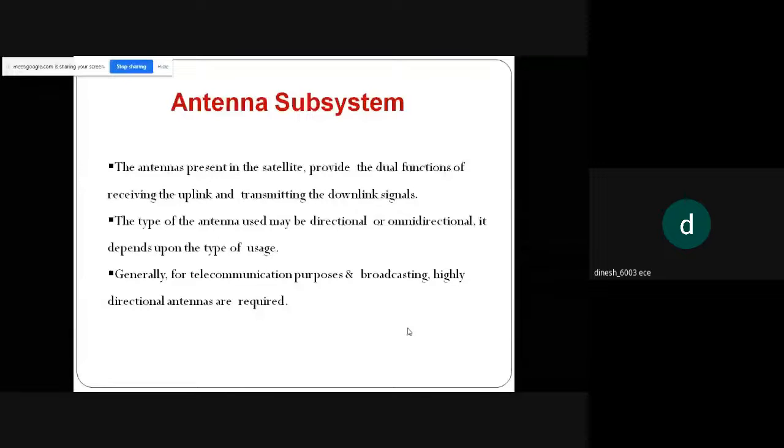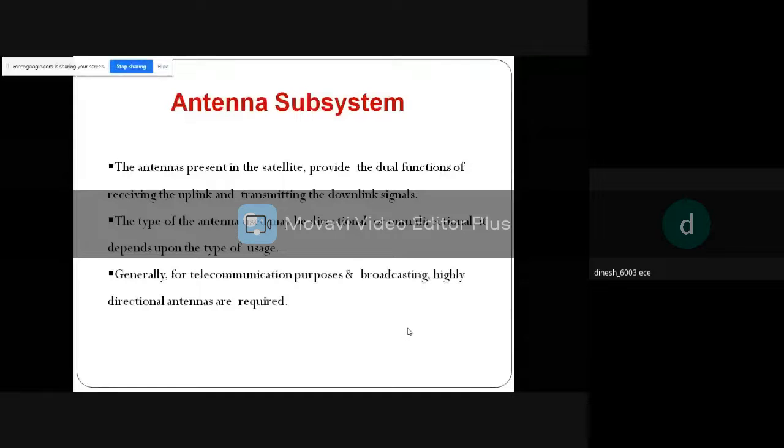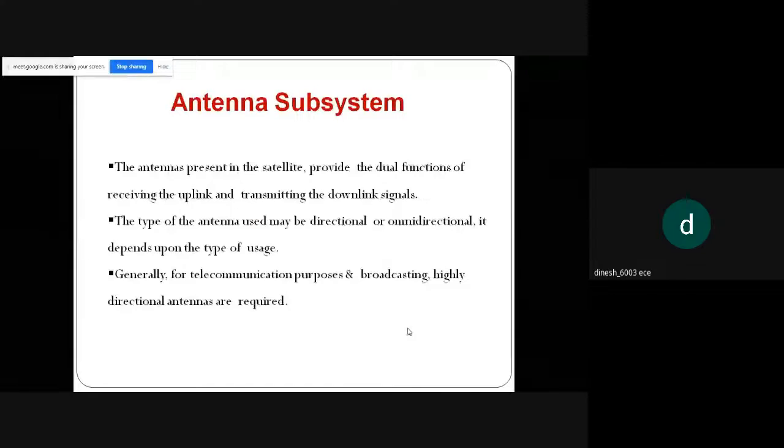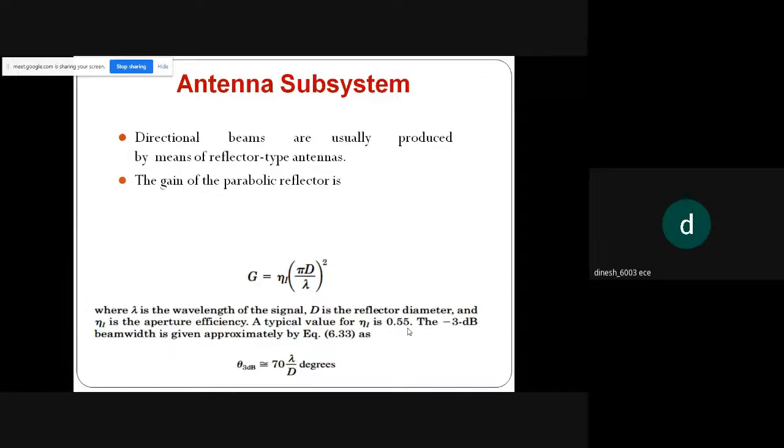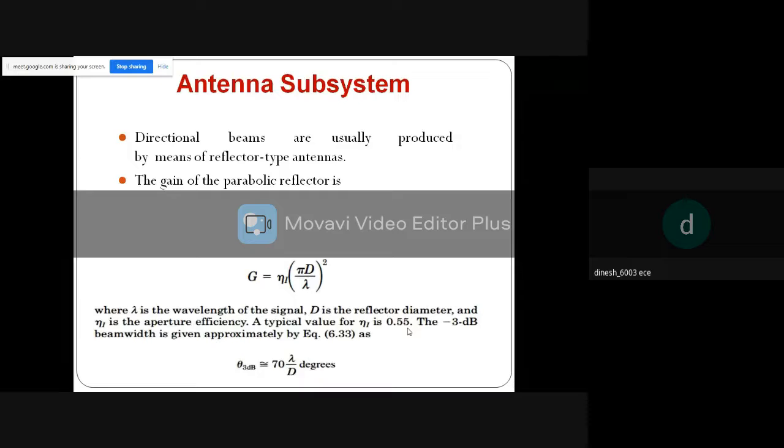Uplink is from earth station to satellite, and downlink is from satellite to earth station. So generally this is used for telecommunication purposes, broadcasting, with highly directional antennas. In the antenna subsystem, directional beams are usually produced by means of reflector type antennas, where they use a parabolic reflector antenna with this specification.